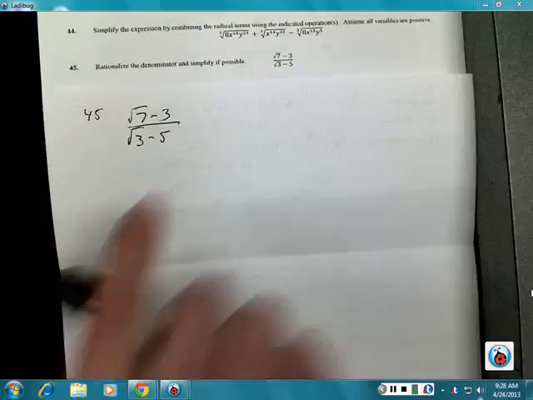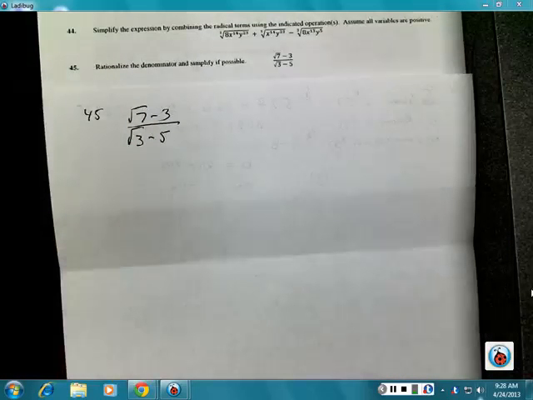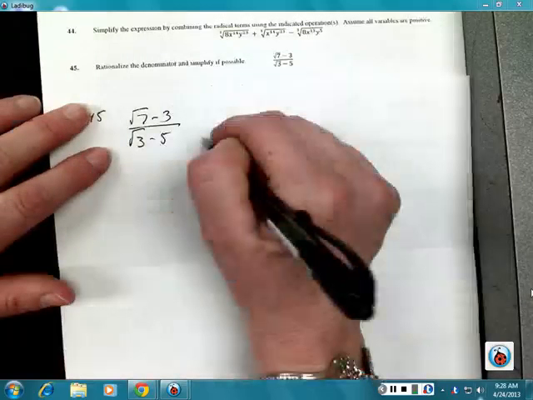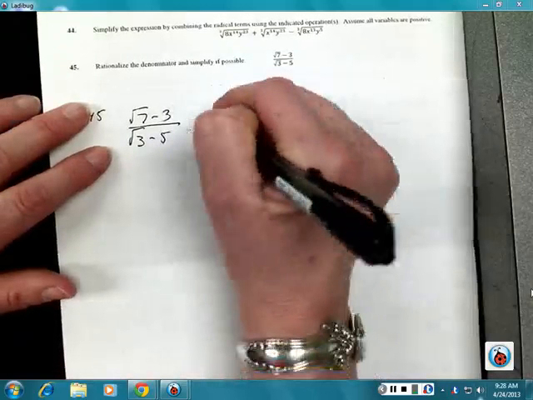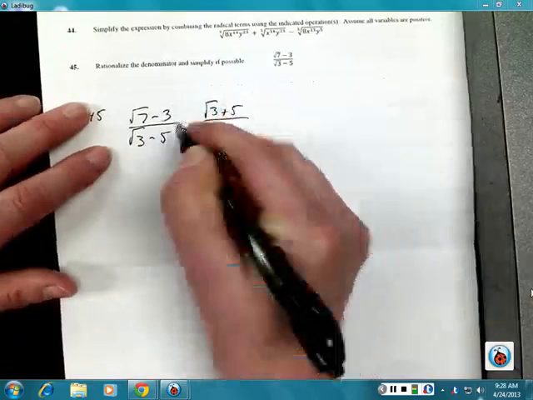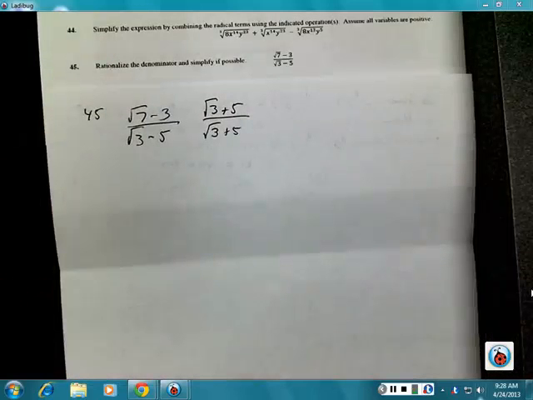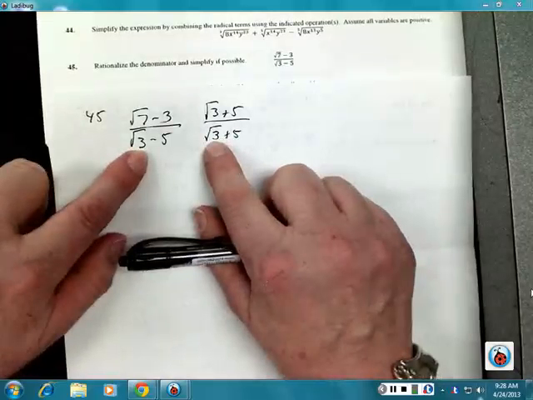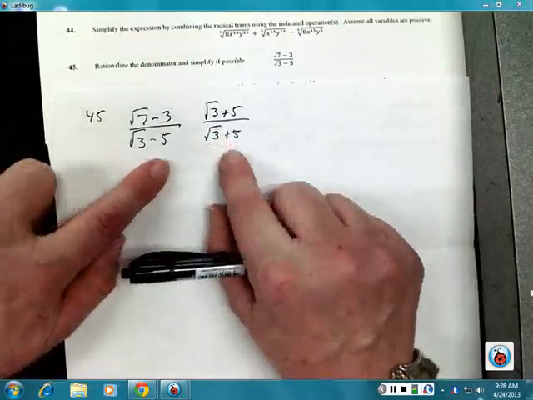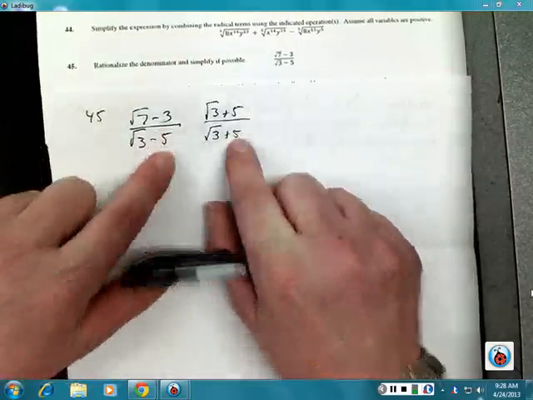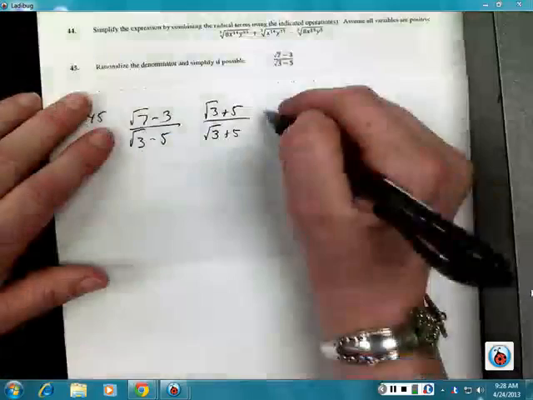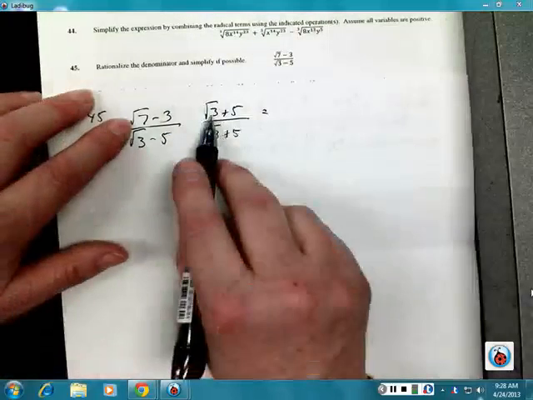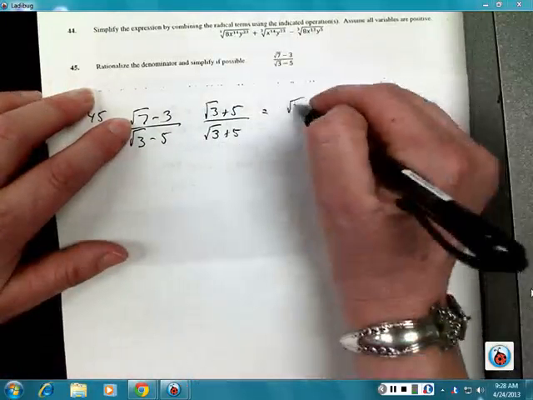I got to keep that 5 with it. But what do I need? I need a special name. We called it, isn't it plus 5? Yes, square root of 3 plus 5. And that's called its conjugate. If we multiplied by it, what happens with the conjugate is it makes the radical go away, makes the middle term go away, and it also lets me multiply the last piece in there.